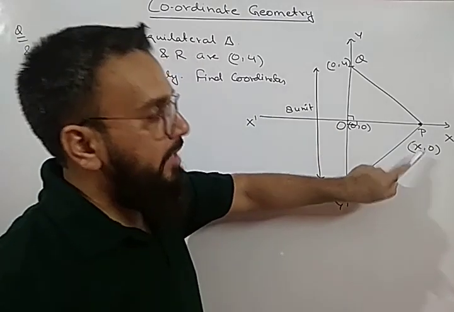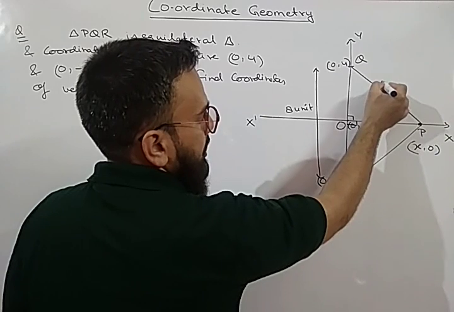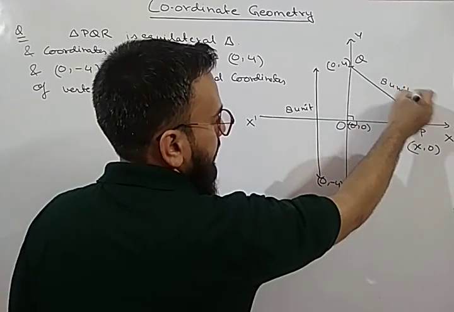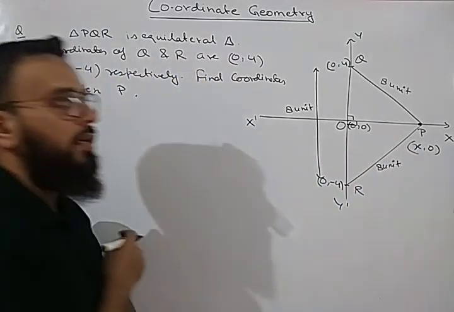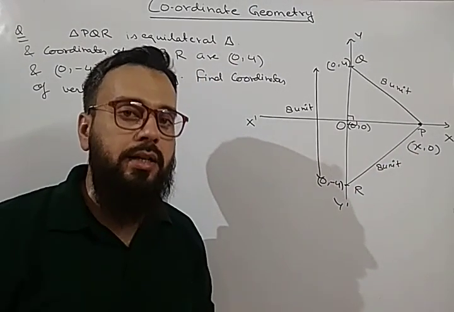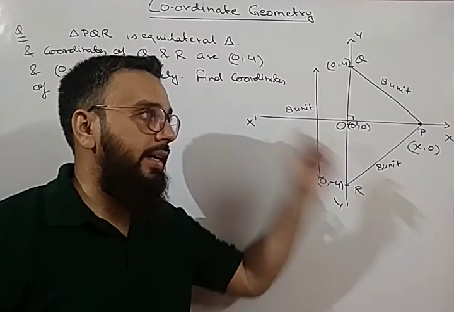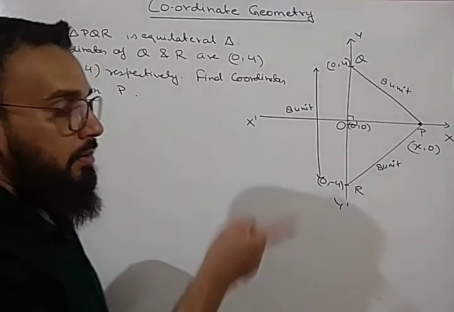We have to find the value of x. Now what is the length of this side PQ? The side PQ will also be of length 8 unit, and side PR will also be of length 8 unit. Because it is an equilateral triangle, all the sides of equilateral triangles are equal, 8 unit, 8 unit and 8 unit.